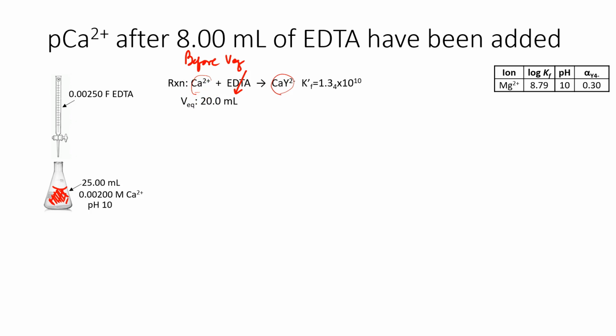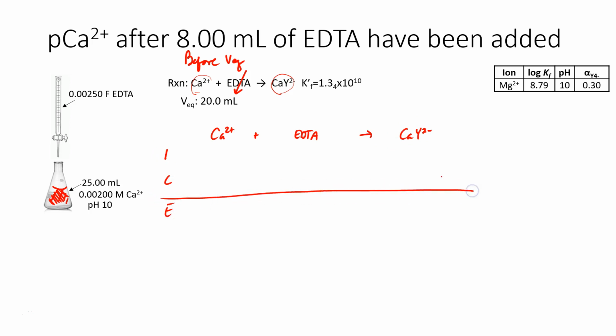So you know how I'm going to do it. I'm going to make an ICE table. So here's my reaction. And what do we have initially? Well, I know the concentration of calcium, I know the volume.